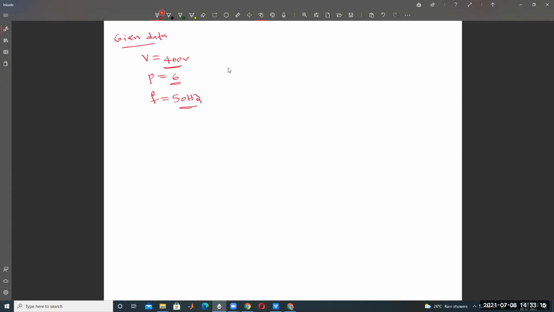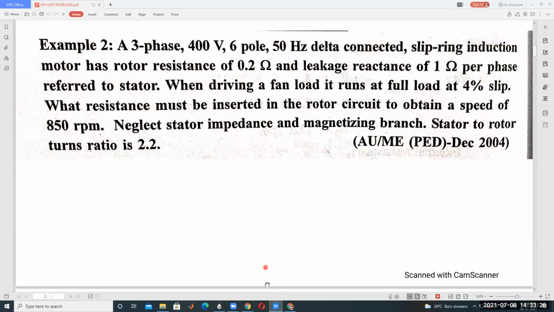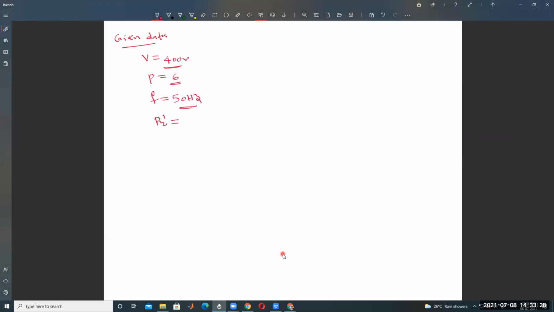How much rotor resistance? 0.2 ohms. And then X2 dash is also given. Leakage reactance, how much here? 1 ohm.